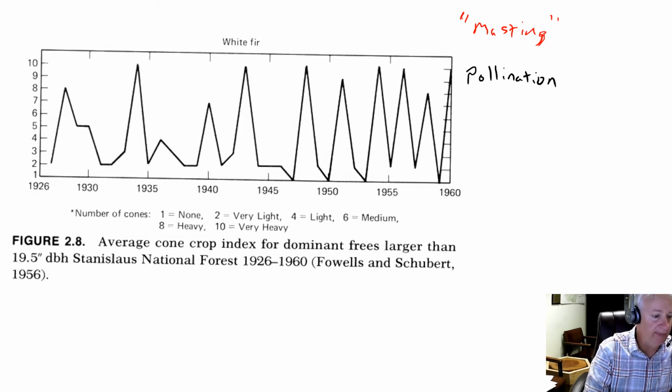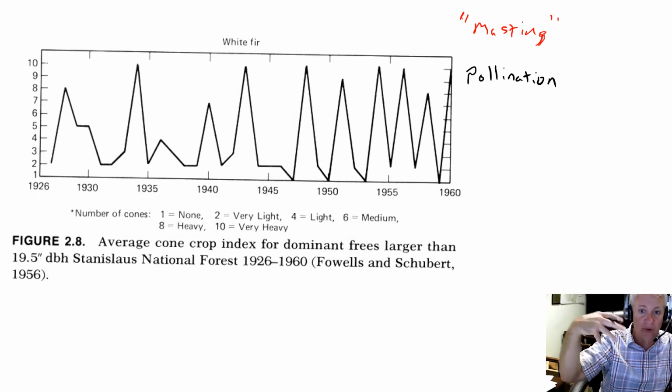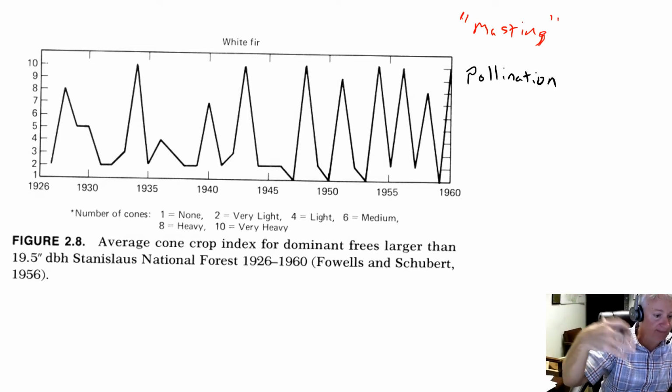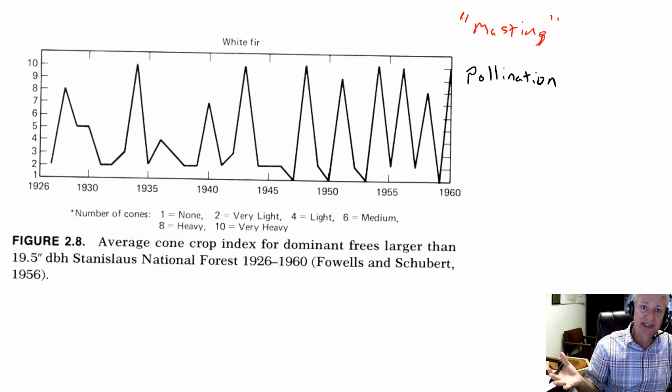So there may be years when there's low pollen production, or years when weather reduces the ability for wind pollination to happen. So rain events, for instance, obviously reduce the effectiveness of wind pollination. There can be breakdown in fertilization.